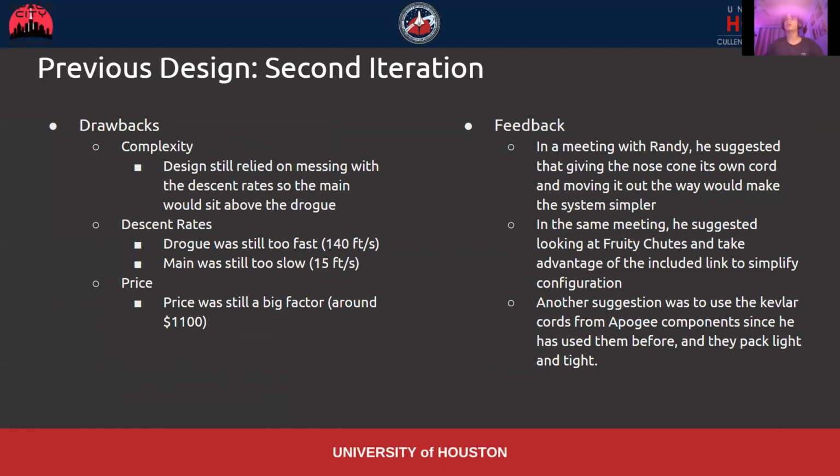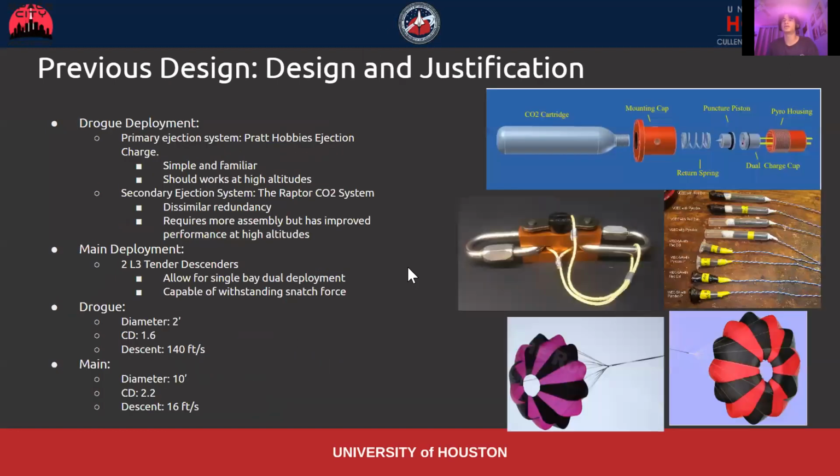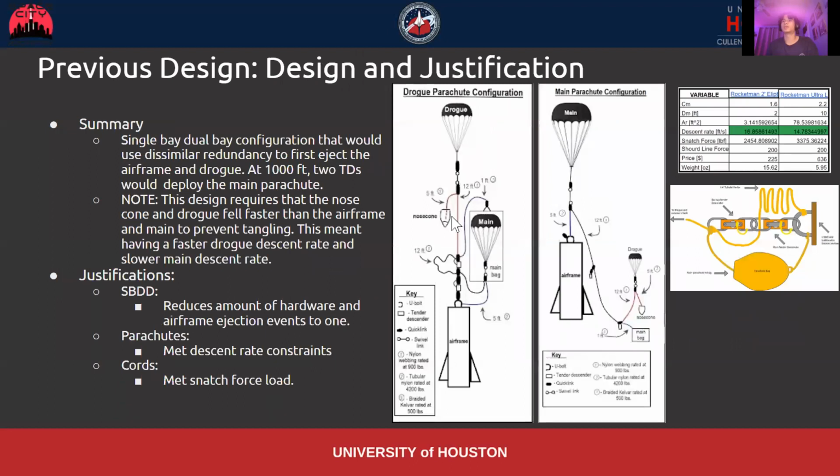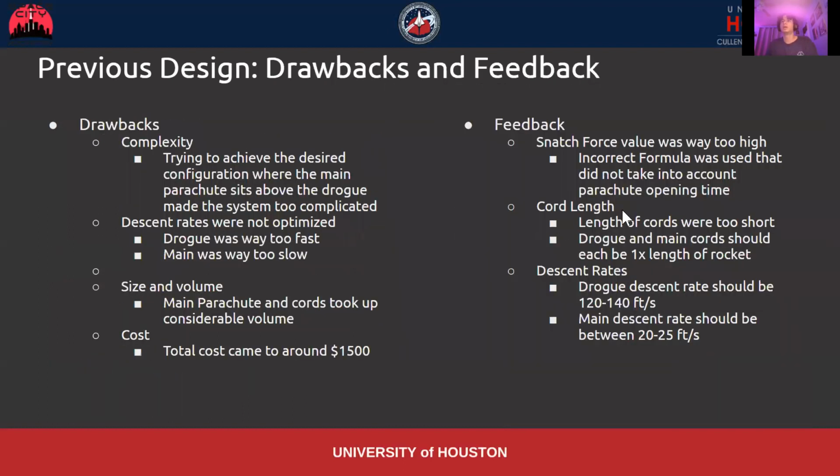But one of the things he said was that instead of having this configuration here, where the nose cone is attached to the drogue here, he suggested giving the nose cone its own cord. So instead of being attached here, it would be attached directly to the U-bolt on top of the bulkhead.